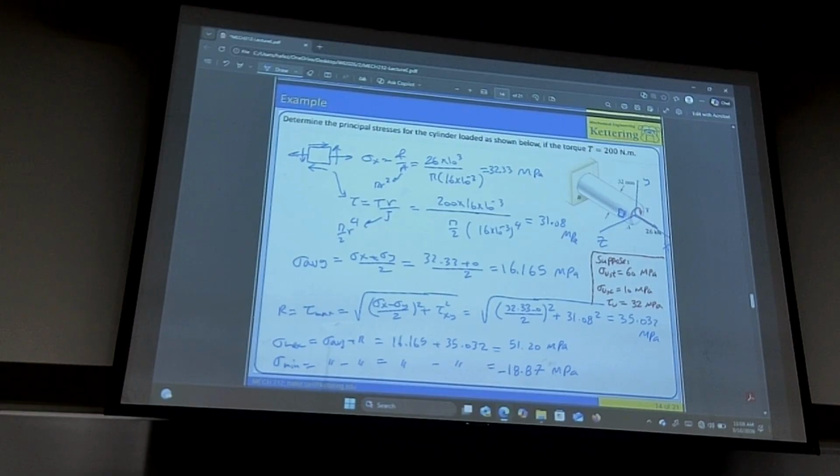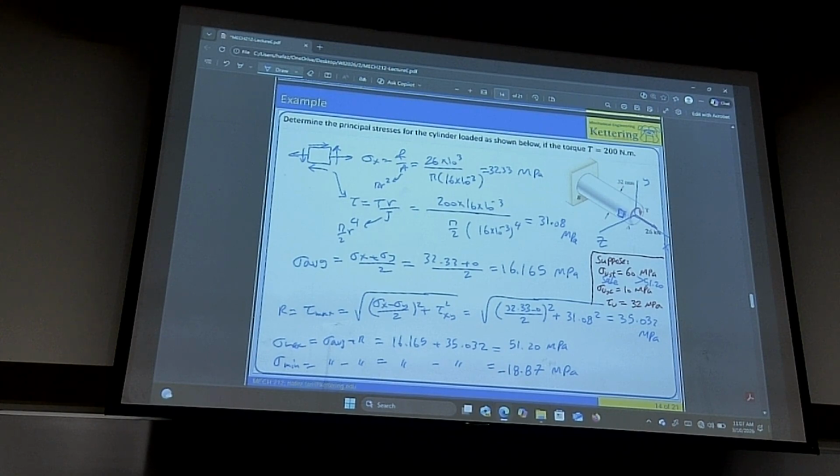I would say, comparing this with sigma max, it is safe. All right, good.